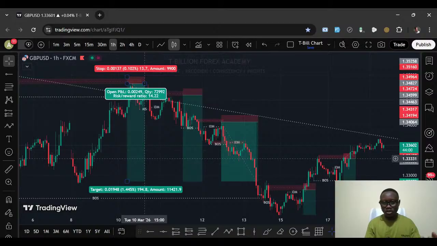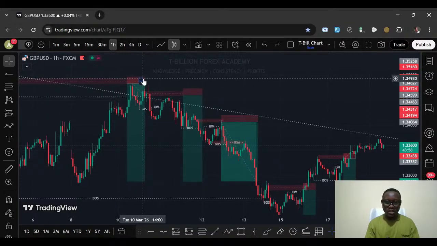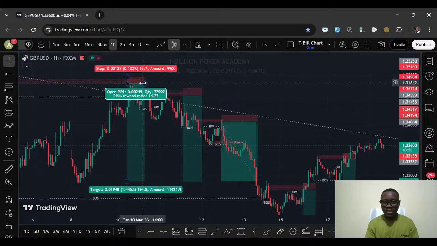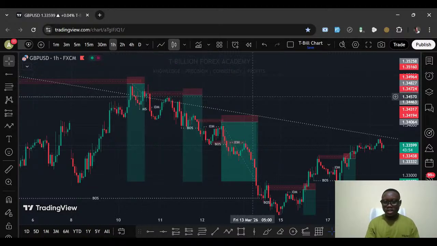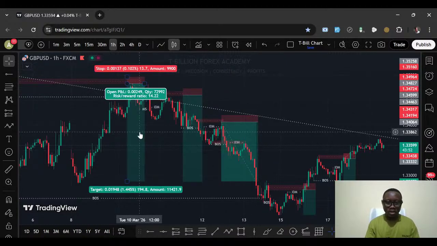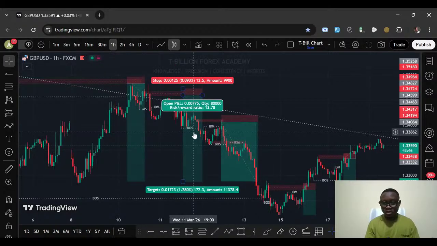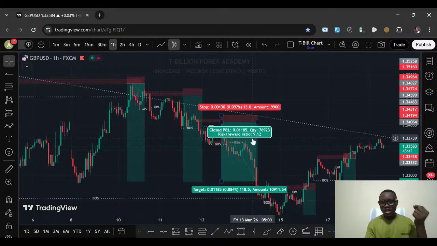When you look at the SL, these are extremely tight. So imagine you're risking $100 and you're making as much as $1,400 on this trade. For this, you're risking $100 and making as much as $1,300. And on these, you're risking $100 and making as much as $900.